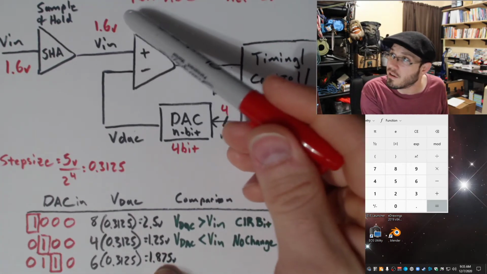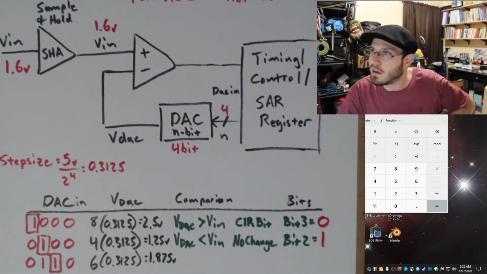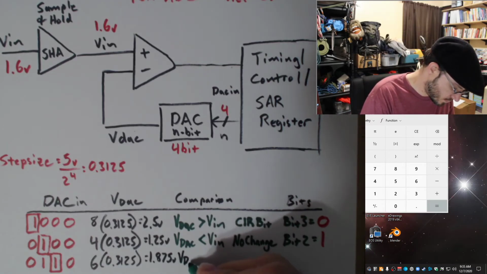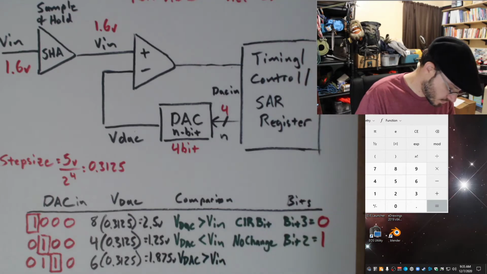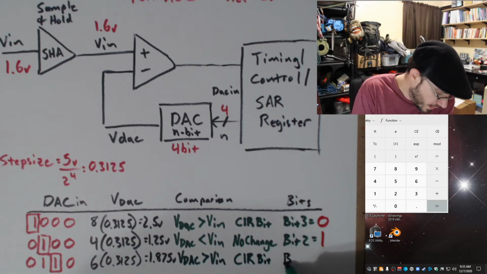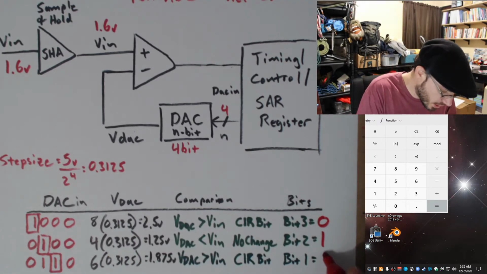1.875 volts is greater than 1.6 volts. So we're going to clear that bit. So bit 1 is now equal to, well, we just cleared it, so it's 0.